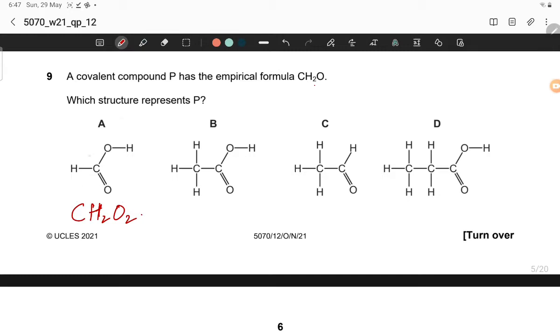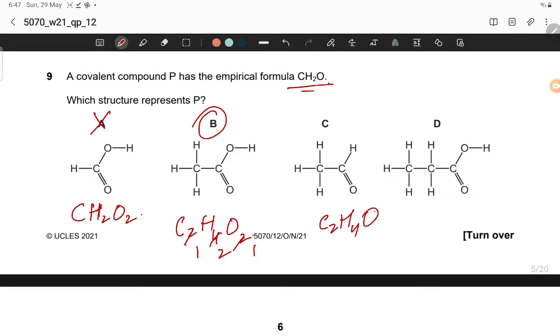So this is incorrect because the empirical formula would be CH2O. This is C2H4O2. 2 1 the 2, 2 to the 4, 2 1 the 2. So this will be CH2, which must be correct.